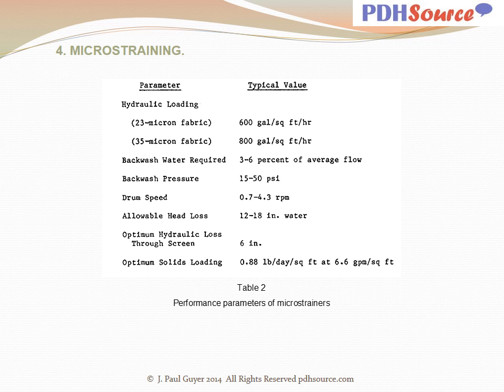The rotating drum speed of 0.7 to 4.3 RPM is representative. Allowable head loss typically is 12 to 18 inches of water. The optimum hydraulic loss through the screen is 6 inches, and the optimum solids loading is 0.88 pounds per day per square foot at 6.6 gallons per minute per square foot.